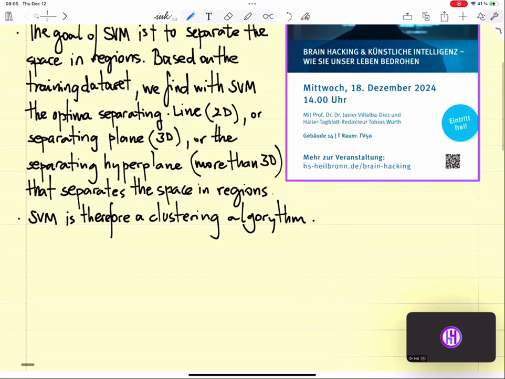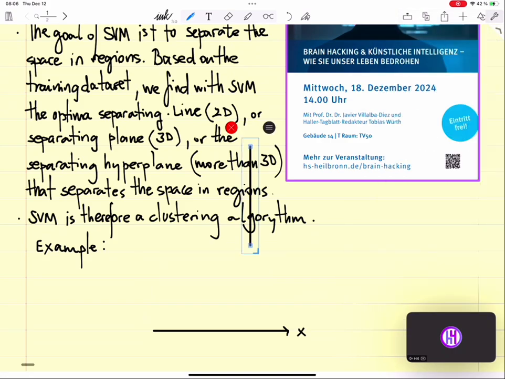So as an example, we can see this. Imagine you have a map of coordinates, let's say in 2D.